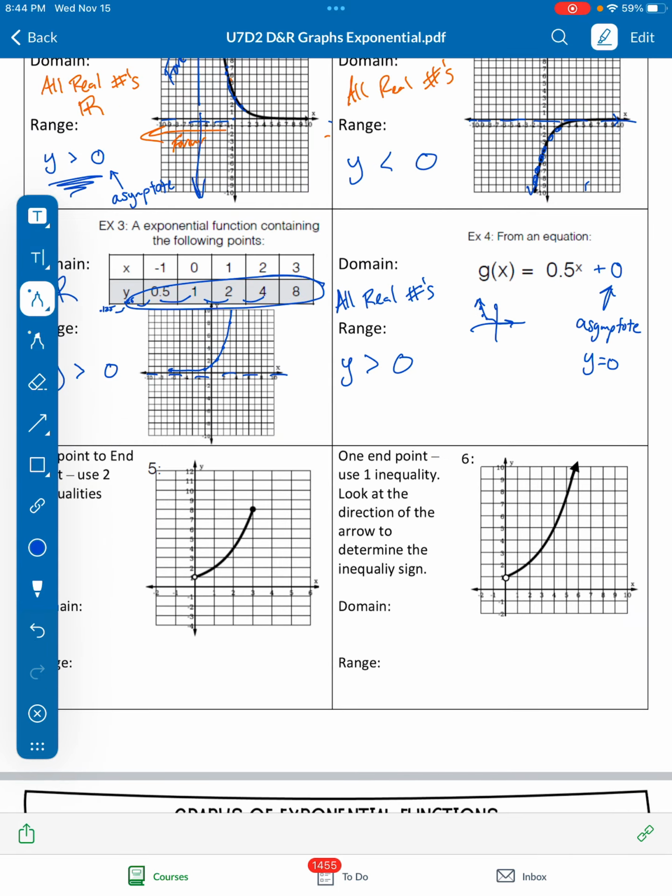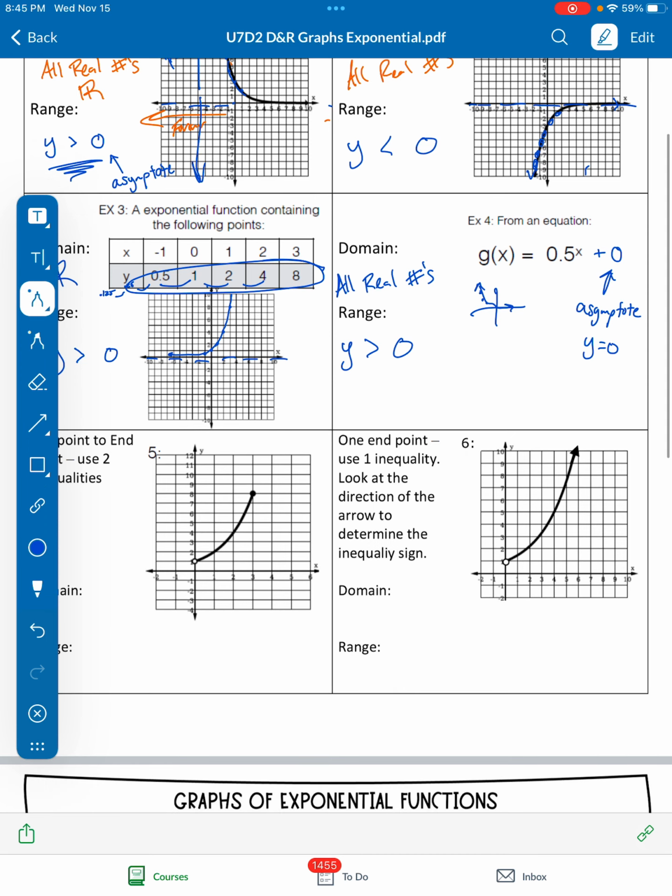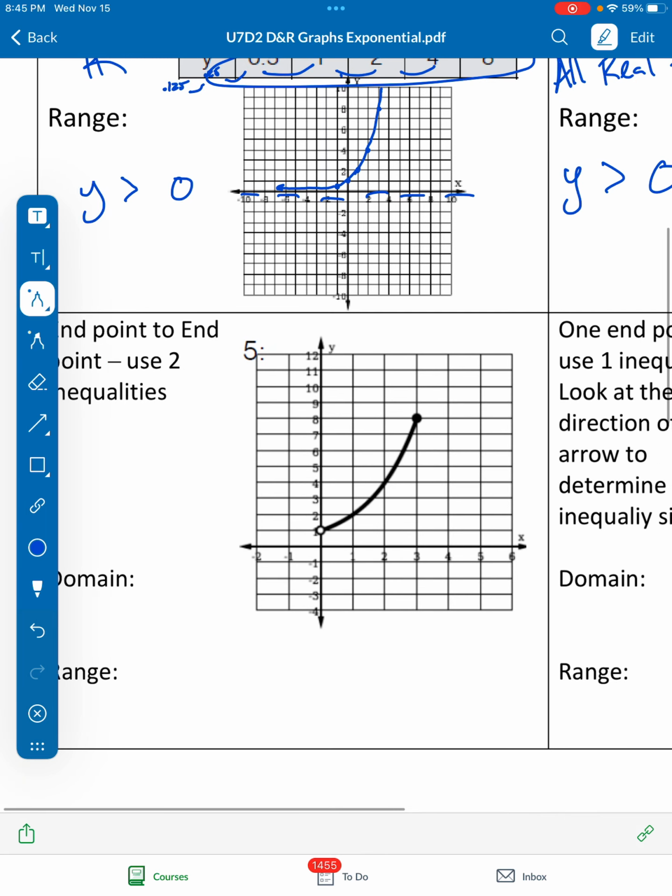This is actually just the exact same as what we did when we first introduced this concept in September or August. It really doesn't matter what this line looks like in between, right? If it was straight like this, the domain and range isn't going to change at all, because it's got two endpoints.